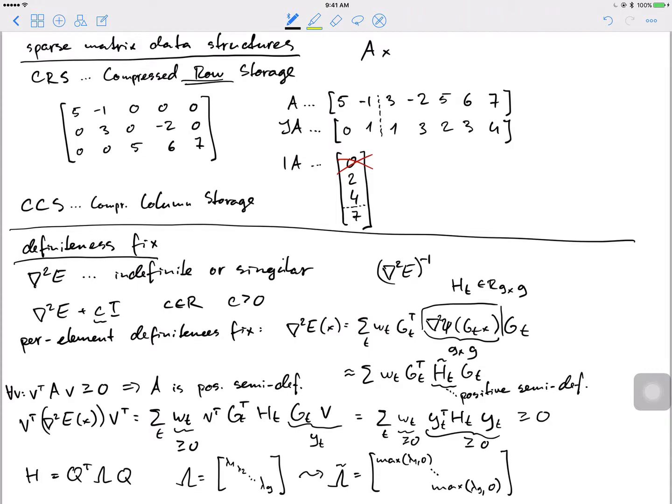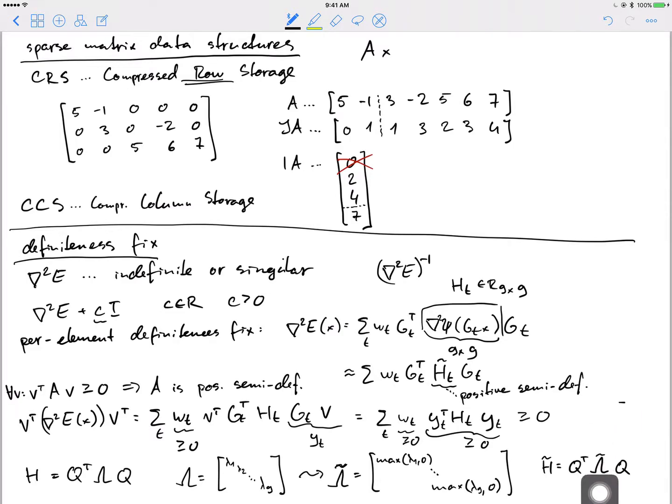Some people prefer, instead of 0, some small epsilon like 10 to minus 5, if you are trying to get directly a positive definite matrix. But that's a detail that should not matter too much. Then you get your H tilde as the exact same Q, but using the clamped lambda tilde, like this.